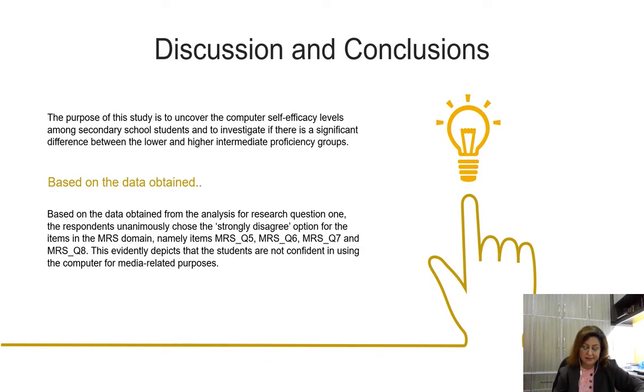This evidently depicts that the students are not confident in using the computer for media-related purposes. Moreover, this is due to the lack of related requirements and activities in the classroom that require them to use the computer for the mentioned purposes.